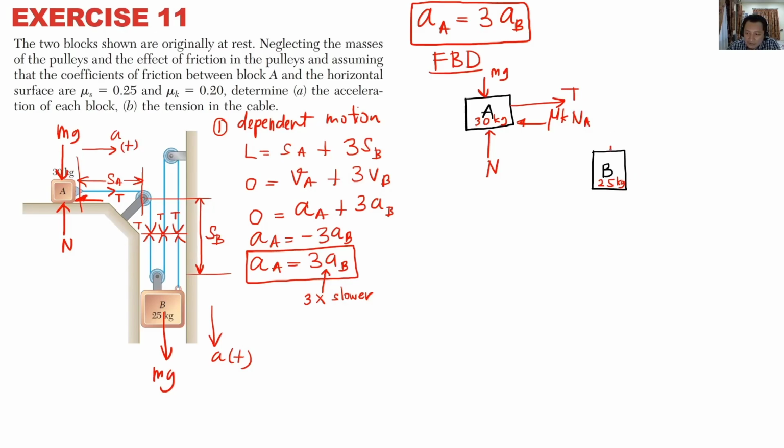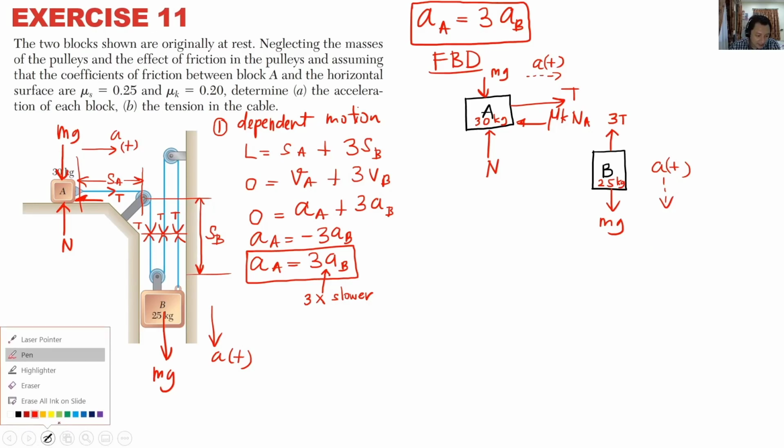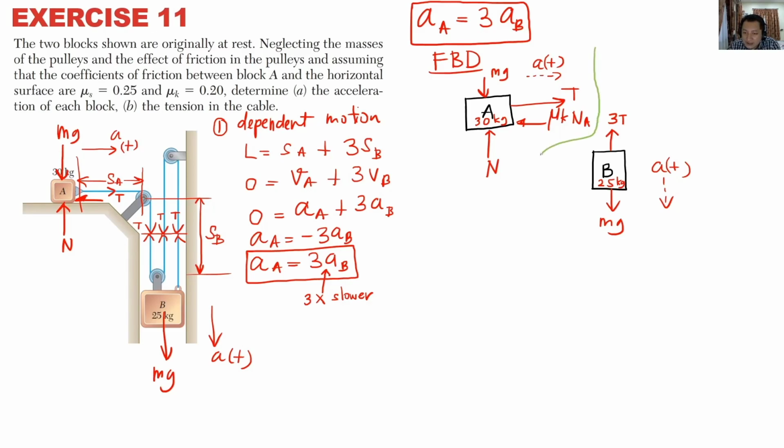So moving on to block B, you have 3T, 3 tension. Going down, it's actually mg. So one thing we need to note of, A is positive on the right hand side. A is positive going down. Yeah, pretty much. We have isolated the bodies. This is the first body that we need to analyze with its own free body diagram.